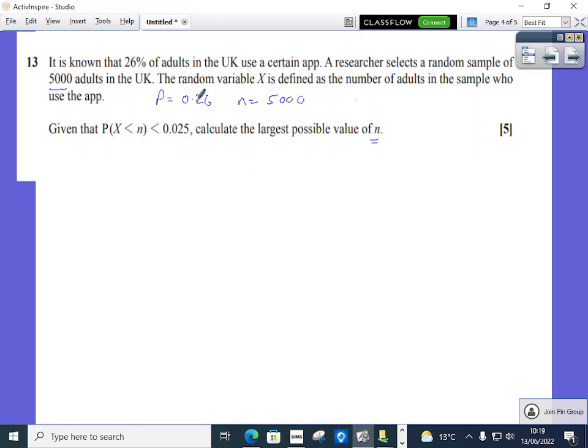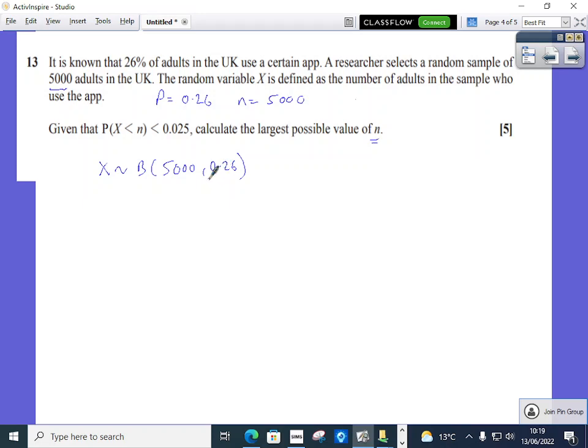When you see something like this, where you're just given a probability and a number, you should think of binomial. So first of all, you can tell that X follows a binomial distribution, n is 5,000, and the probability that one of those adults uses the app is 0.26.